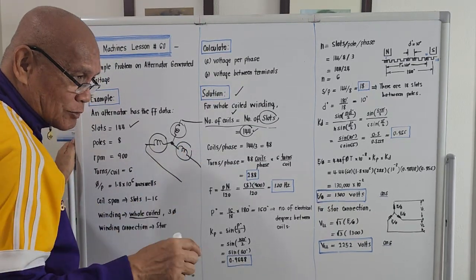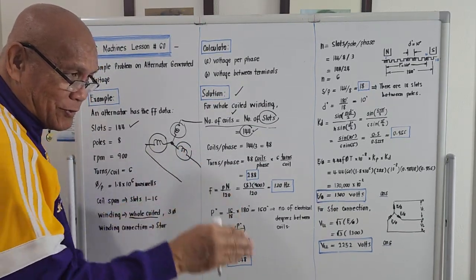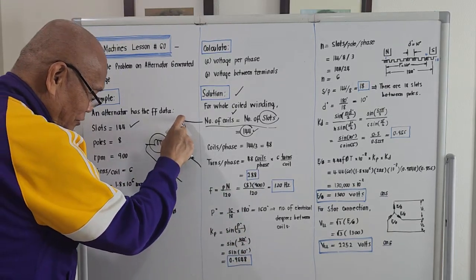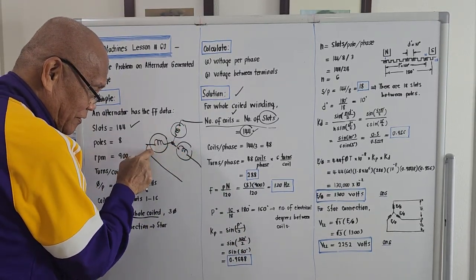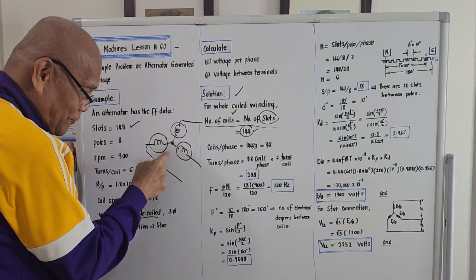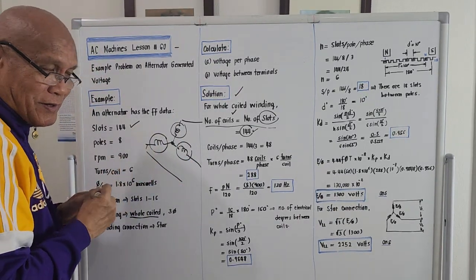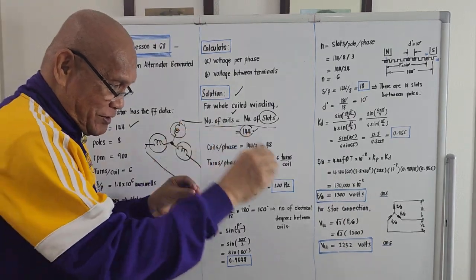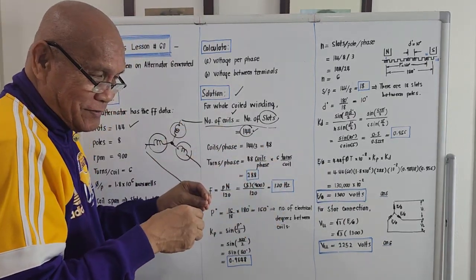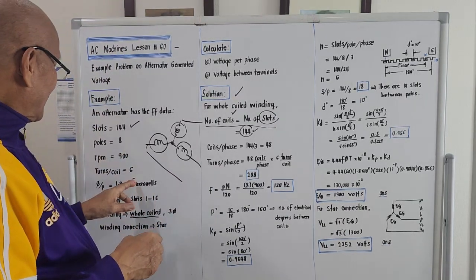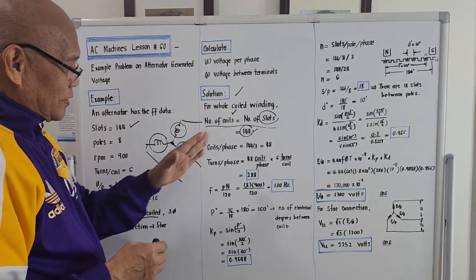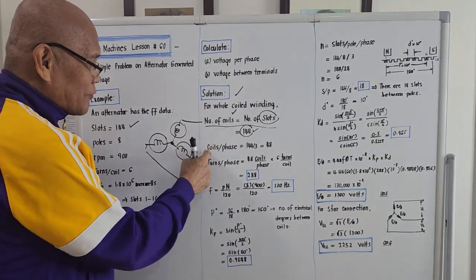And for it to rotate equally distributed, the total number of turns here should be equal to here. So if we compute the total number of coils per phase, coils meaning just a wound of wires, which consists of actually 6 turns per coil, but we're just computing for the coils per phase.